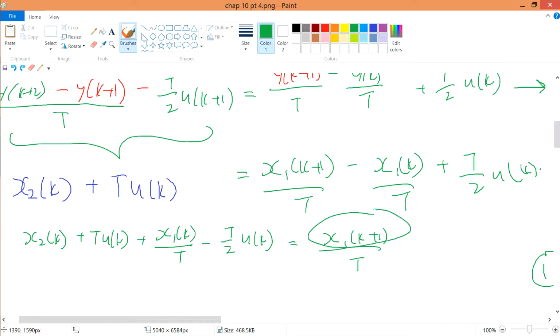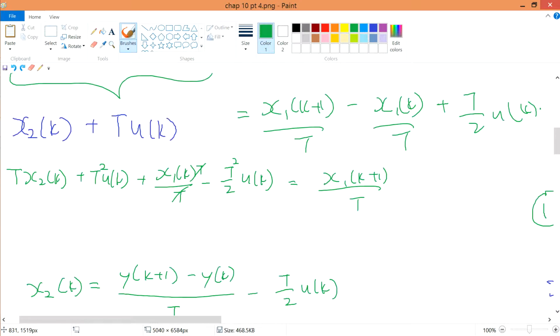I just want to write in terms of x1k plus 1, so I multiply everything by t. So this thing I will have t. This one becomes t square. Is it t square? It's t square. And t times t will cancel. This thing will become t square also. So now t square uk minus t square over 2 uk. What do you have?